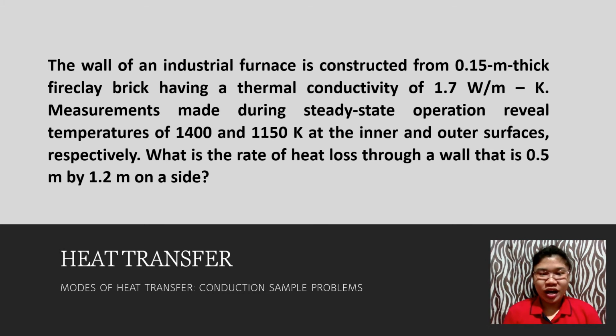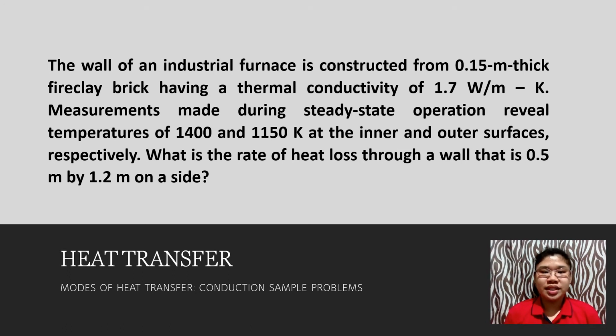Now that we are knowledgeable about the formula for conduction, I think it is time to solve some sample problems. So the question goes like this. The wall of an industrial furnace is constructed from 0.15 meter thick fireclay brick having a thermal conductivity of 1.7 watts per meter Kelvin.